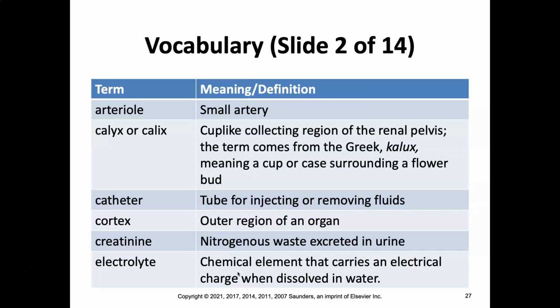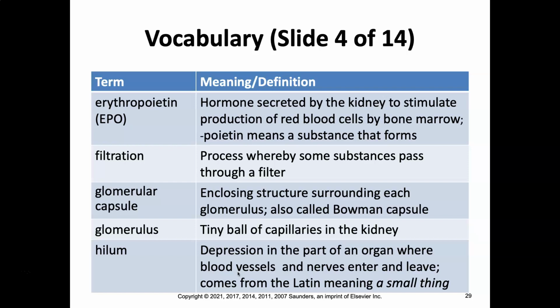So let's talk terms. Arterial, calyx or calyx, similar spellings. Catheter, cortex, creatinine, electrolyte. Erythropoietin, filtration. Glomerular capsule, glomerulus. Hilum.